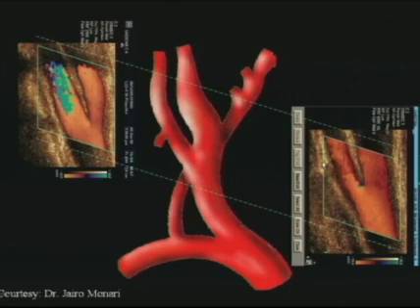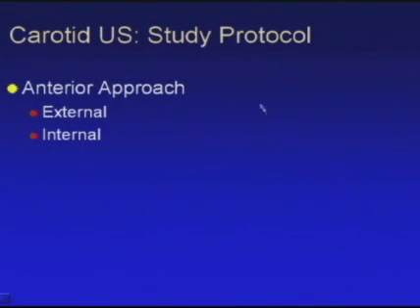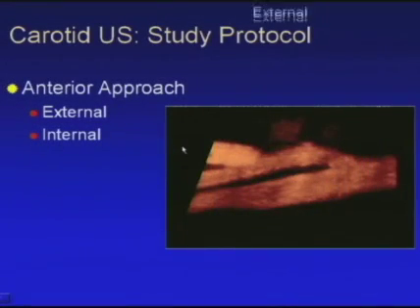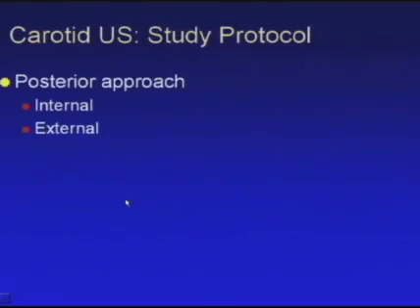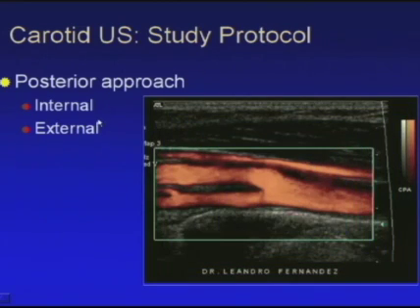By using the posterior approach, the first vessel to be observed will be the internal carotid artery, and the second vessel will be the external carotid artery. So, with the anterior approach, the first vessel will be the external, and the second the internal carotid artery. With the posterior approach, the internal first, and the external as the second vessel. And again here the bifurcation, this is the superior thyroidal artery.